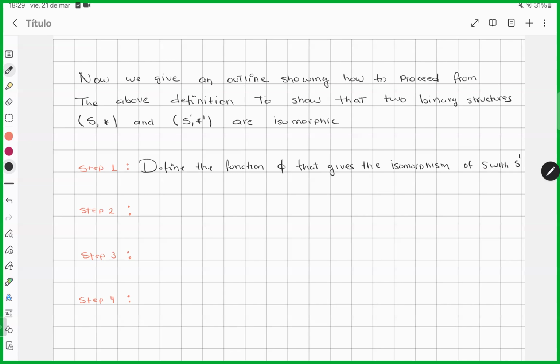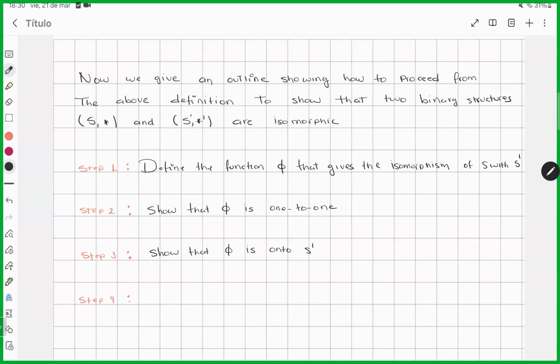Second, we should show that phi is one-to-one, which is the same as saying that phi is injective. And step 3, we should show that phi is onto S tilde, which is the same as saying that phi is surjective.